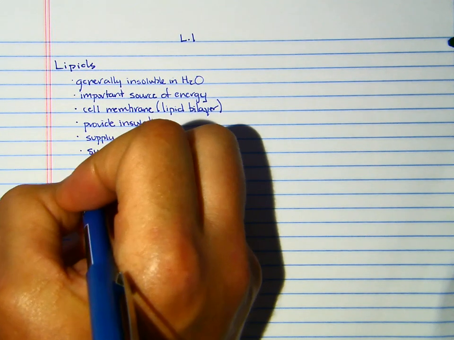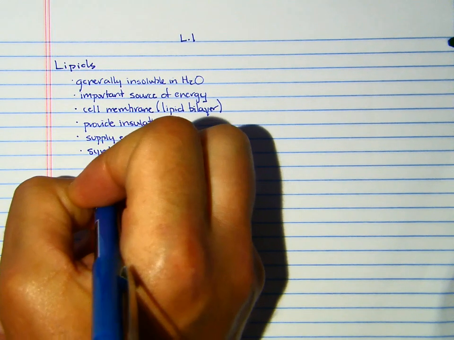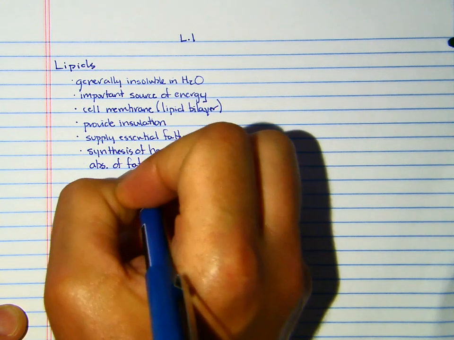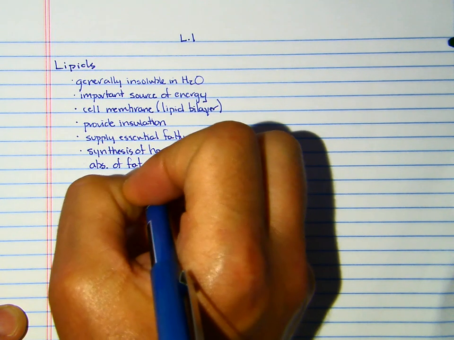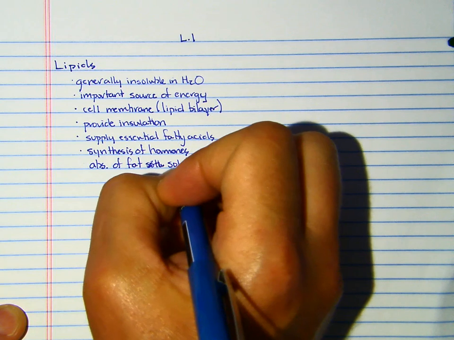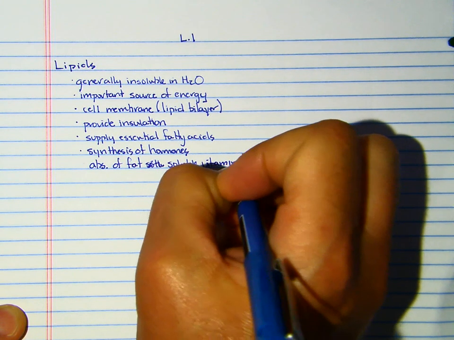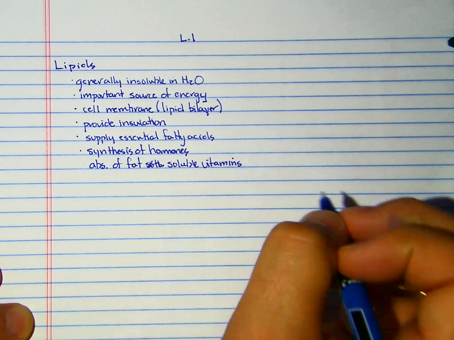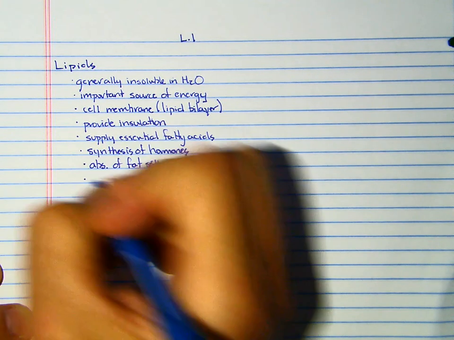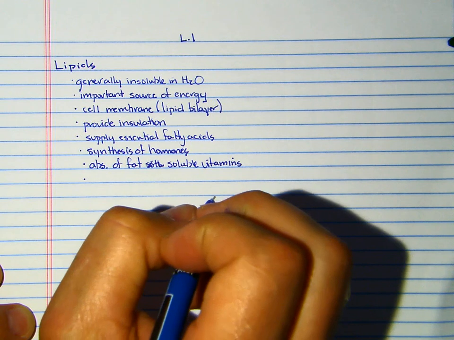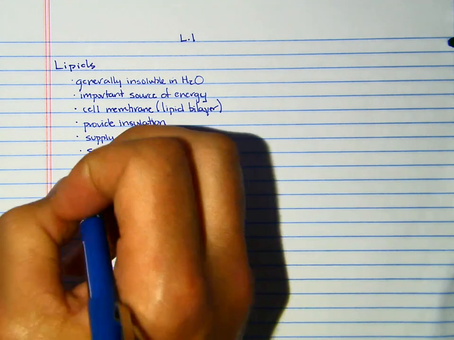They're crucial for the absorption of fat-soluble vitamins. And something else that we all know to be true about lipids, but especially for humans and pigs, to some extent, they're very palatable.